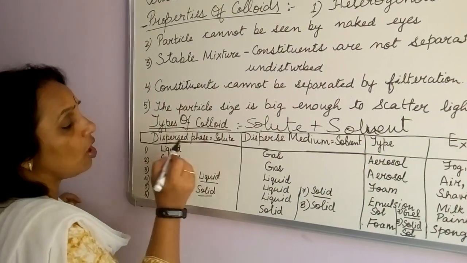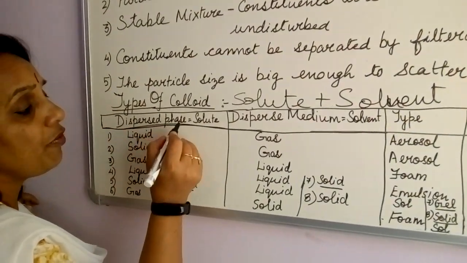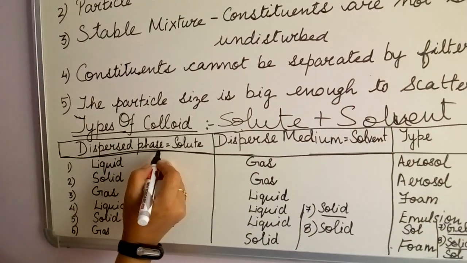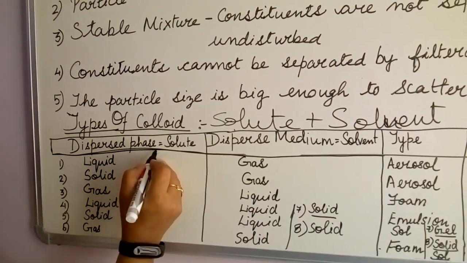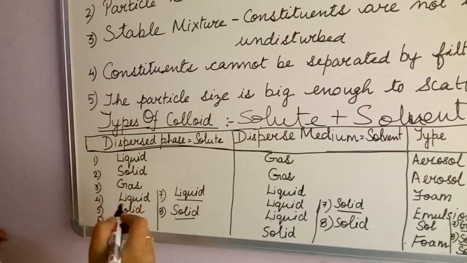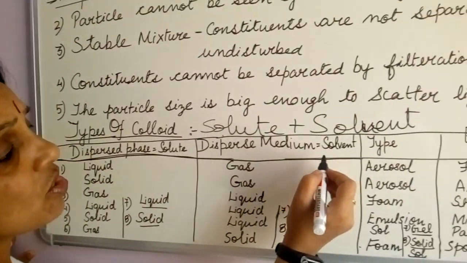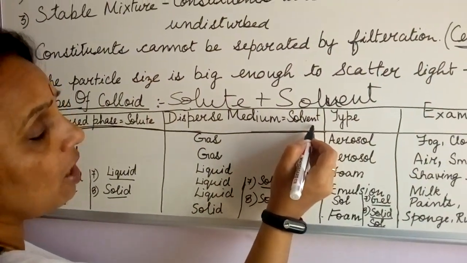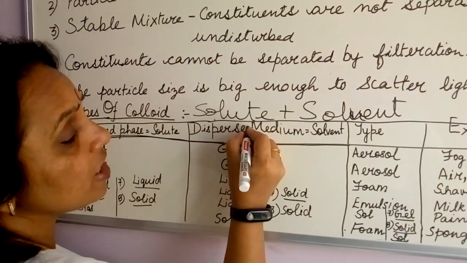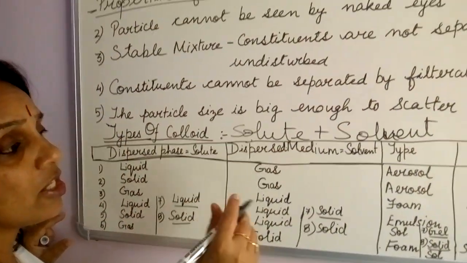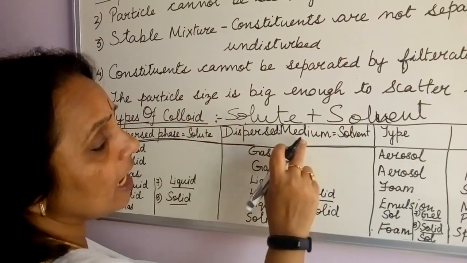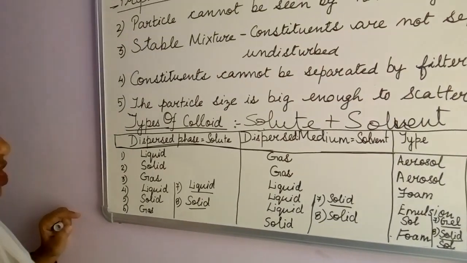In case of colloids, the solute is called the dispersed phase, whereas the solvent is taken in large amount and is called the dispersed medium.